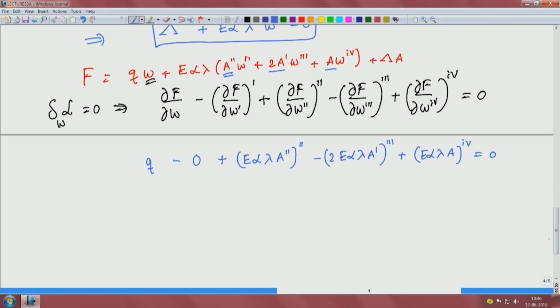Now, we need to simplify it. That simplification I would urge you to do on your own. It is just algebra, like we had done, many terms get cancelled.